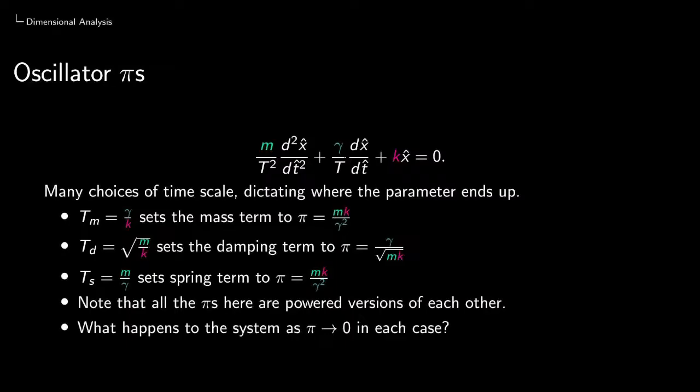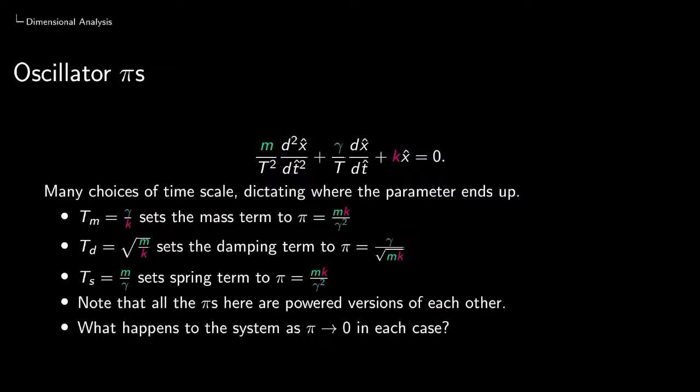The pi for the damping option is basically the same up to a square root. Or if you square the damping one and invert it, so it's to the power negative 2, you're going to get the same overall term. So it's really the same. All three of them talk about the same dimensionless parameter, just in slightly different contexts.